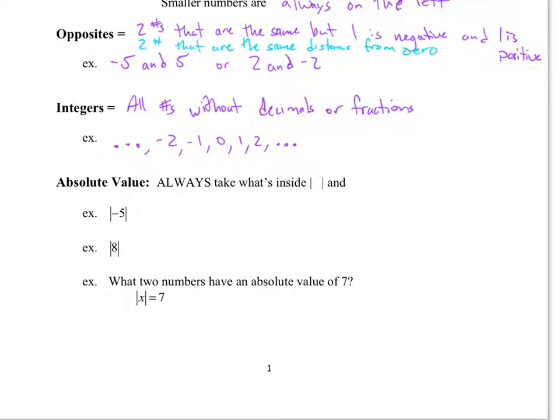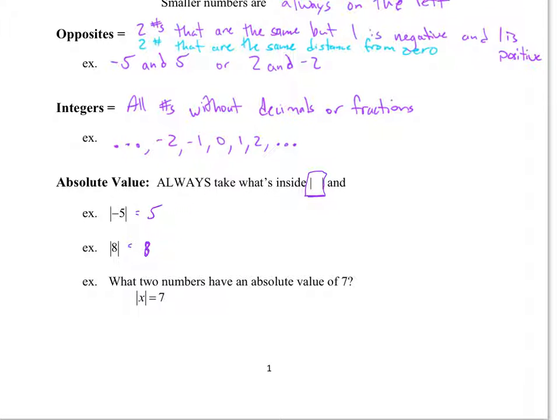When we think absolute value, hopefully you're familiar with the absolute value symbol. It's right here, the two vertical lines there. For example, absolute value of negative 5 is a positive 5. The absolute value of 8 is a positive 8. Do not make the mistake of just taking what's inside and making it negative.